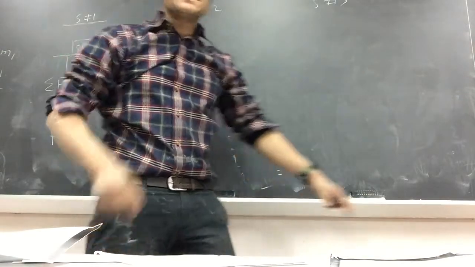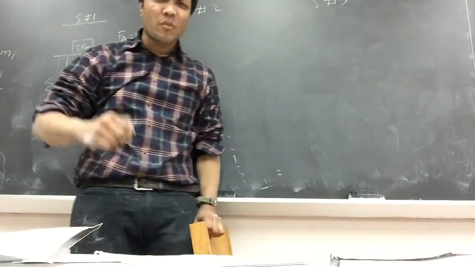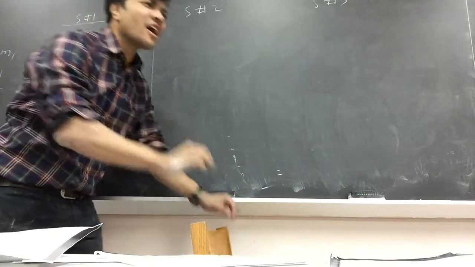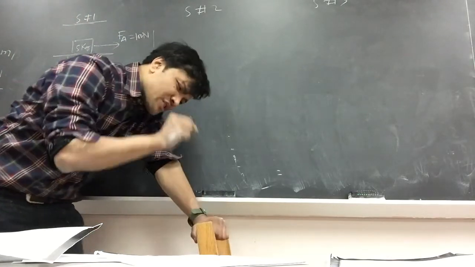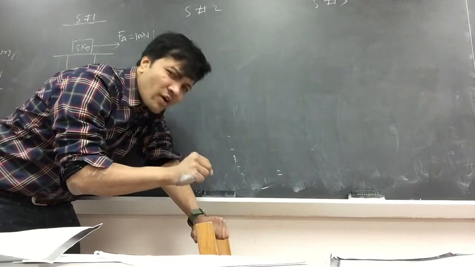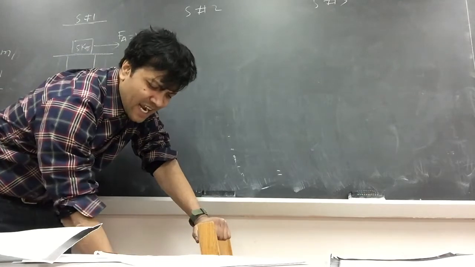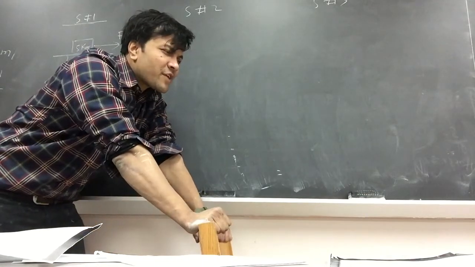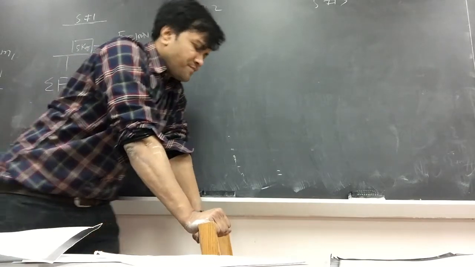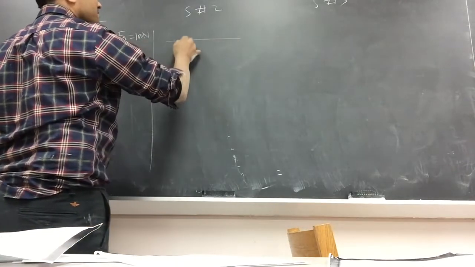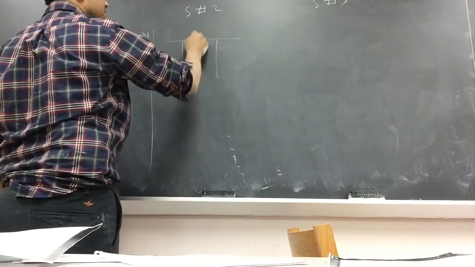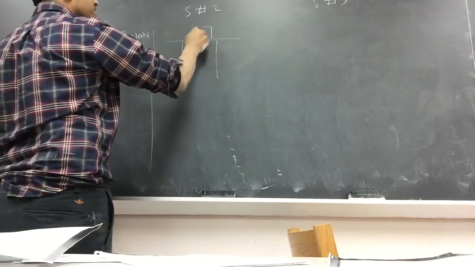However, it's very difficult for you to move an object at rest. Why is that? Because you have to overcome the inertia, both static friction and inertia. So let's understand that. I have a box, 5 kilogram.